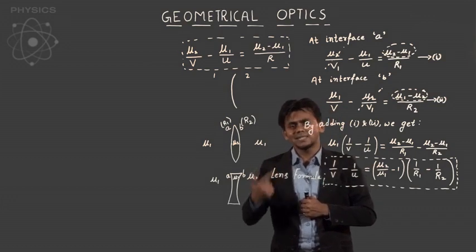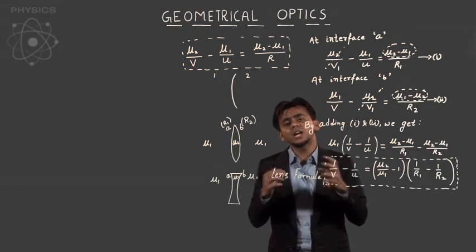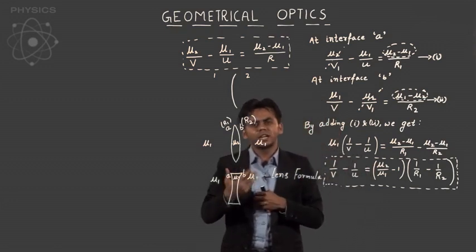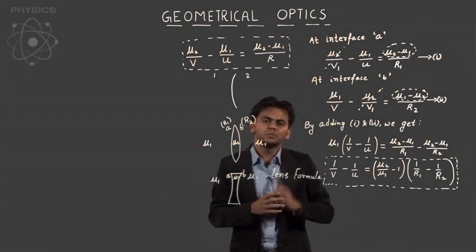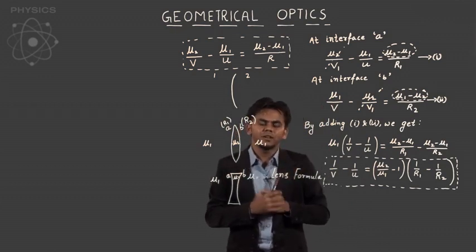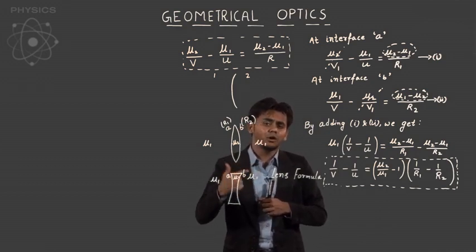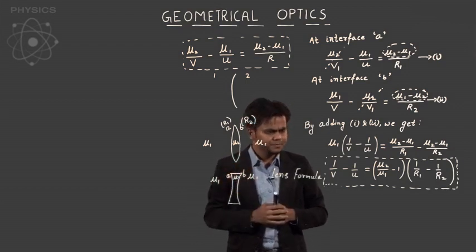And if the lens is diverging, they should appear to start from focus. So when I say converging or diverging, what I mean is my image should be formed at focus if my rays are parallel. If my object is at infinity, my image should be at focus.